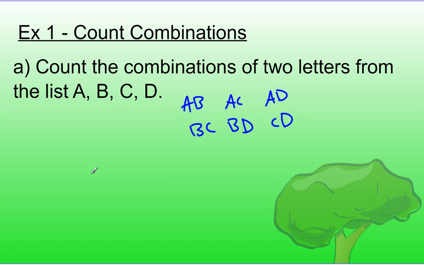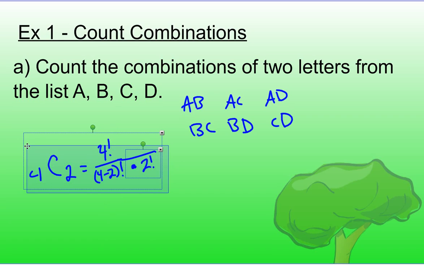Now, let's check out that formula. So it's 4 choosing 2. So you're going to do 4 factorial over 4 minus 2 factorial. That so far is the permutation, times another 2 factorial. This guy factorial again.